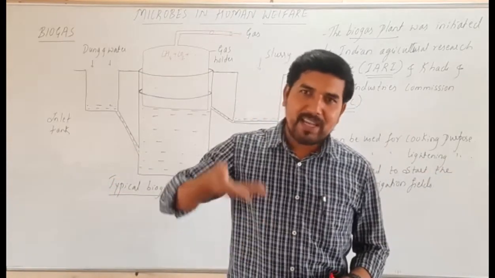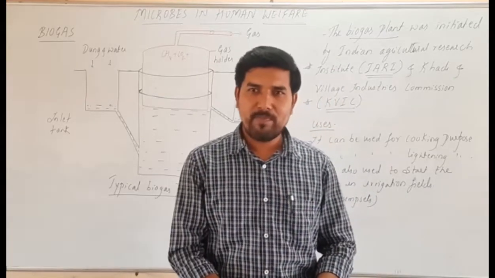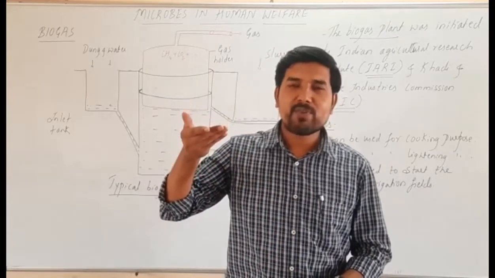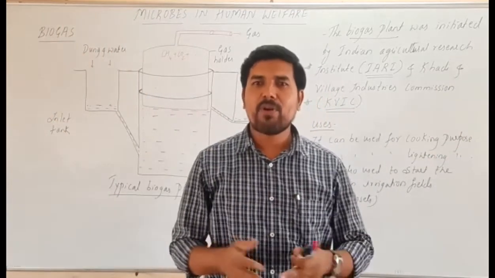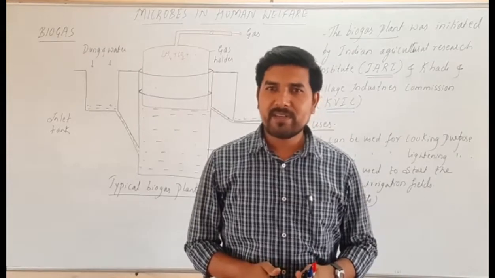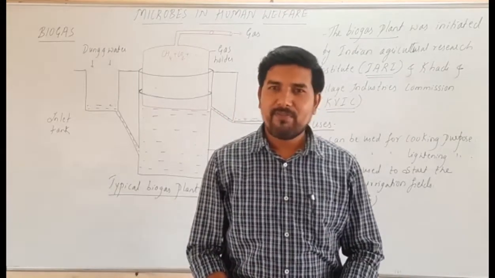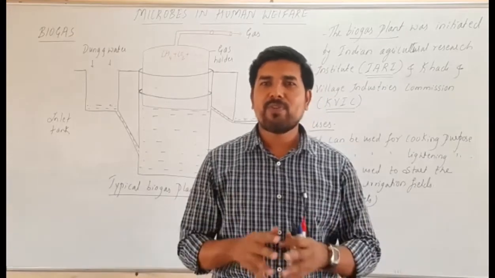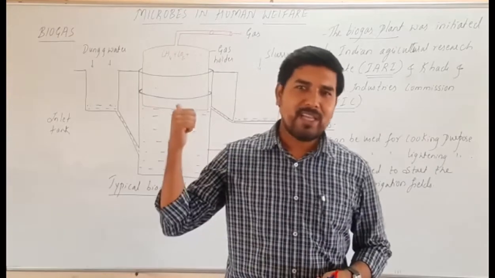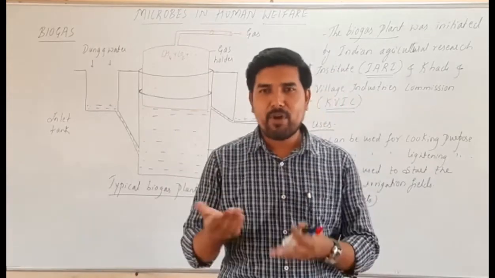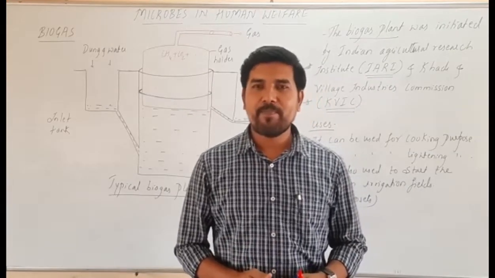The biogas plant can be used above the ground surface also, it can be used below the ground surface also. If it is used above the ground surface, we are using stainless steel, bigger tanks of around 1000 liters, and underground tank can be used for larger purposes and smaller purposes also. That means large scale and small scale, both are there. It depends on the availability of the raw material. If raw material is available in large quantity, we can produce more.